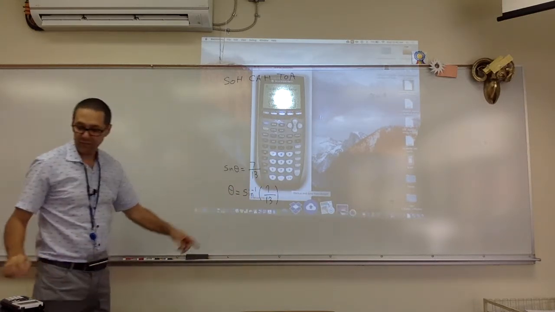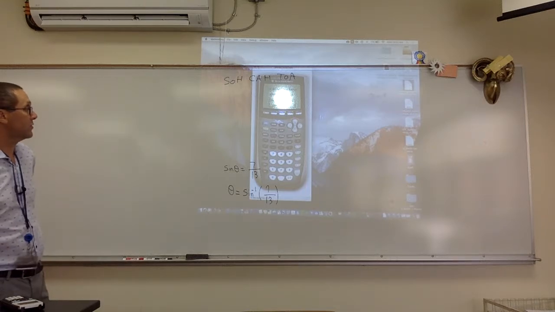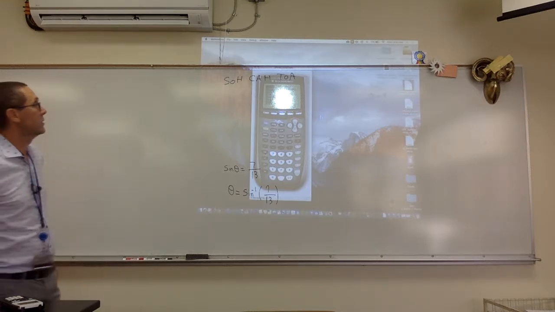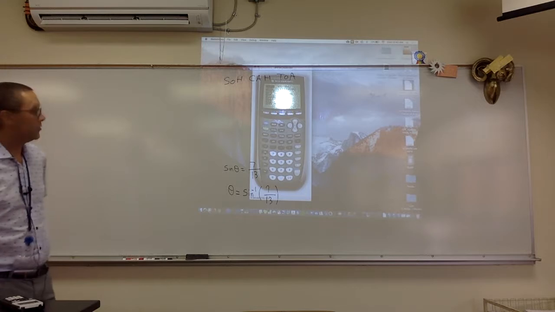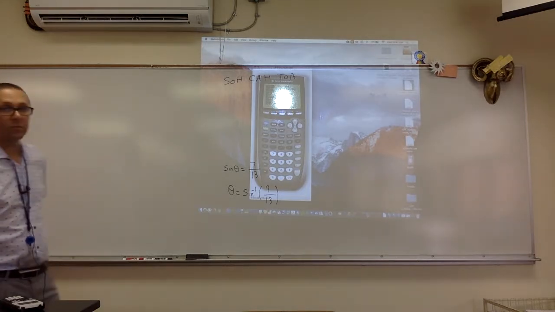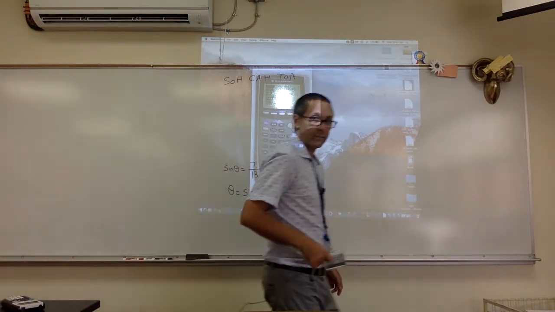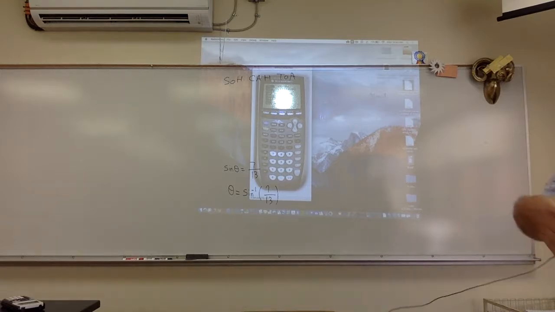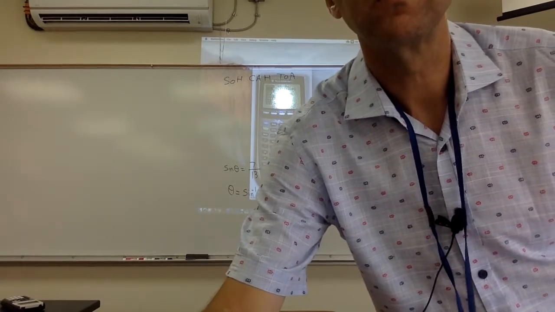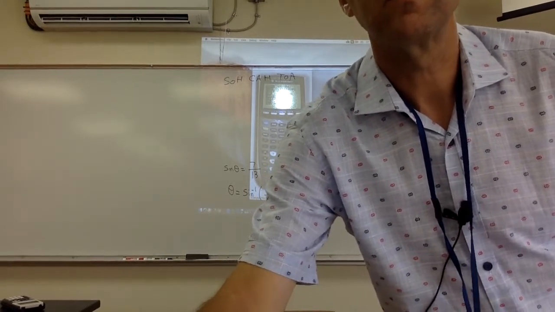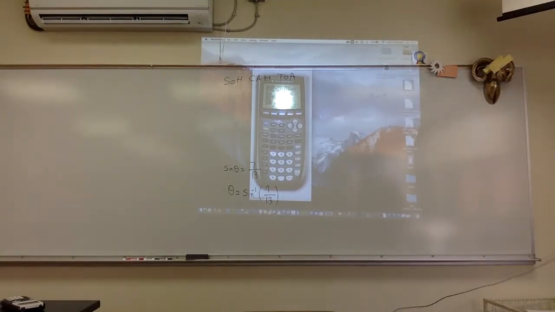If you want to find the angle, you have to go to mode and make sure you're in degree mode. See, I'm not in degree mode here, so you have to be in degree mode. I need to use the computer to do that. I guess the mouse doesn't work on this. Okay, so I'm in degree mode.